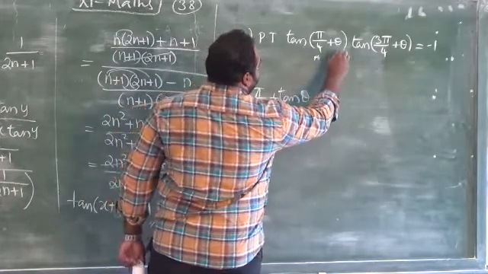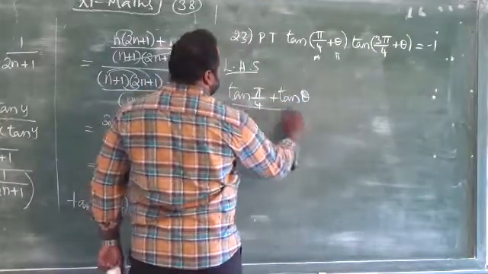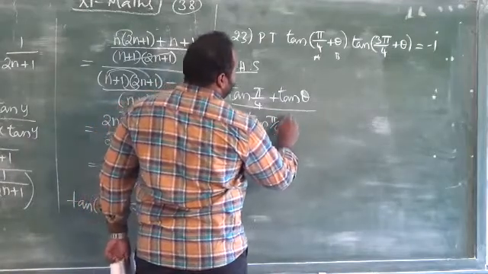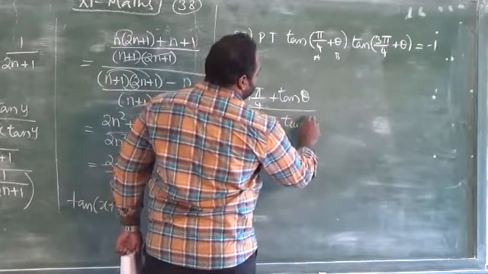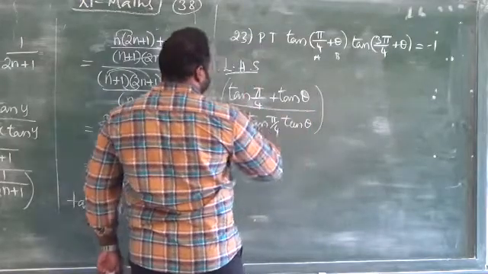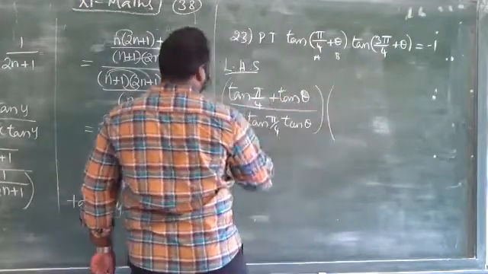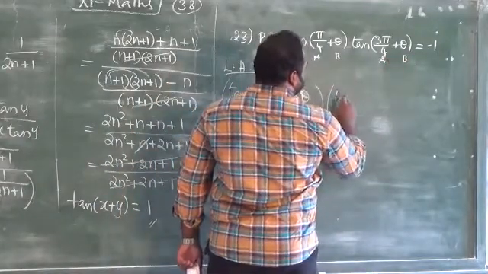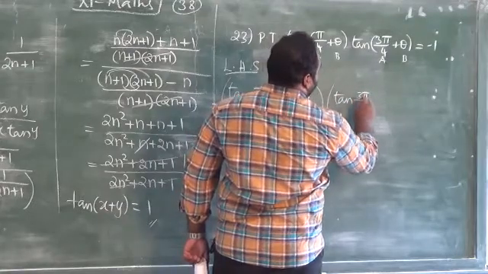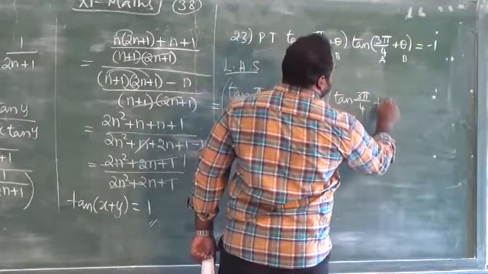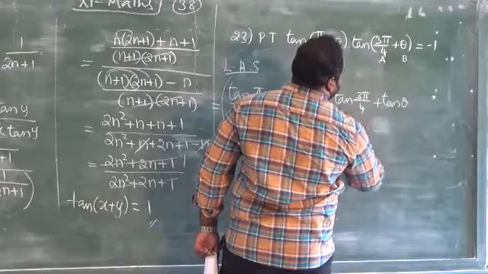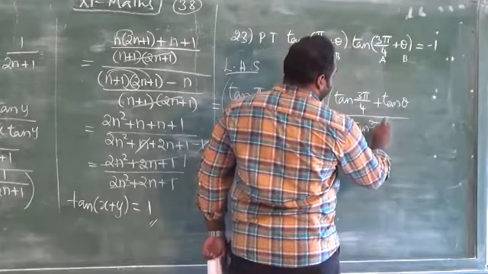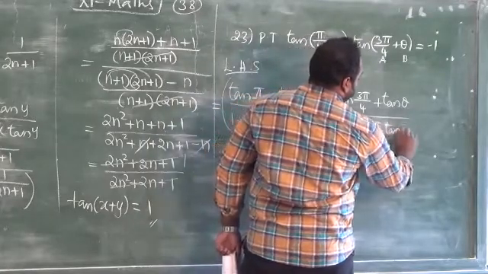Here tan A is tan pi by 4, B is theta, divided by 1 minus tan pi by 4 and tan theta, into, here this is A, this is B, again the same formula, tan of 3 pi by 4 plus tan theta whole divided by 1 minus tan 3 pi by 4 into tan theta.